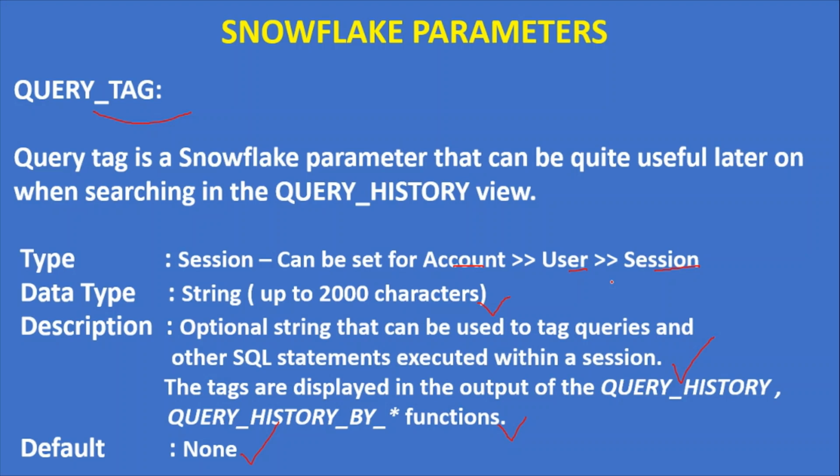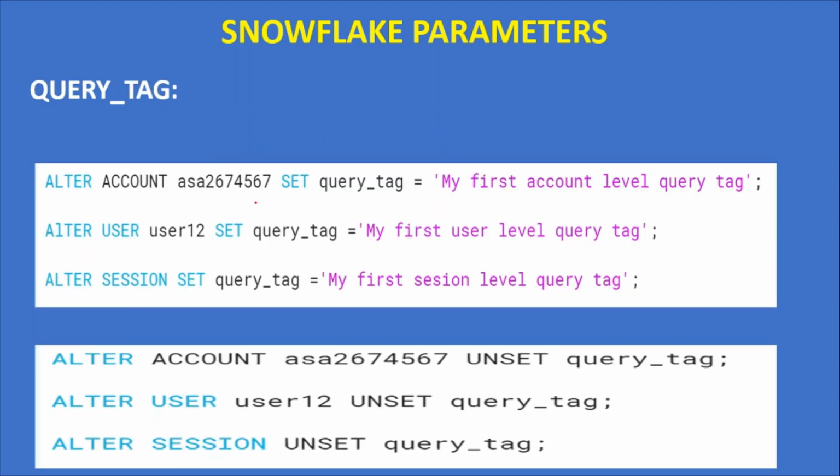See, here is how we are going to set and unset the query tag. These are the three statements where you can set your query tag. To set the query tag at account level, you use ALTER ACCOUNT name SET QUERY_TAG equal to whatever you want, a string up to 2000 characters. Please note that in Snowflake we have the organizations concept.